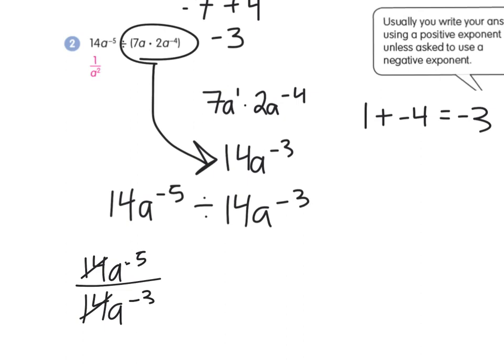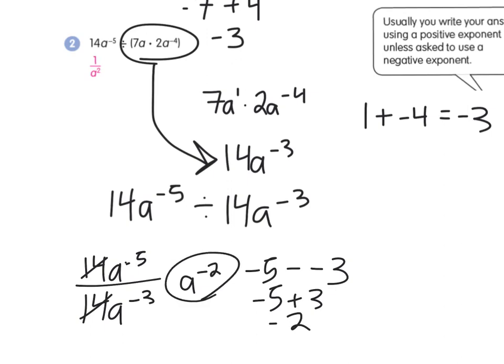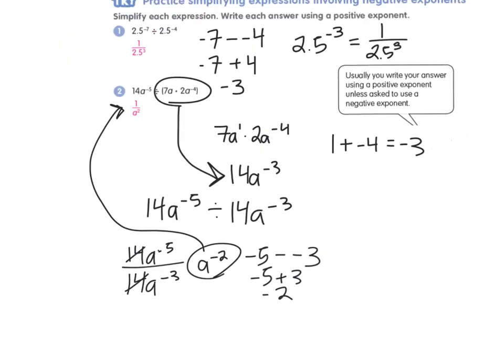I remember my rule that says when I divide, I subtract the exponents. So I have negative 5 minus negative 3, which is negative 5 plus 3, which equals negative 2. So this should be a to the power of negative 2. But remember, a to the power of negative 2, you can rewrite it as 1 over a to the power of 2.